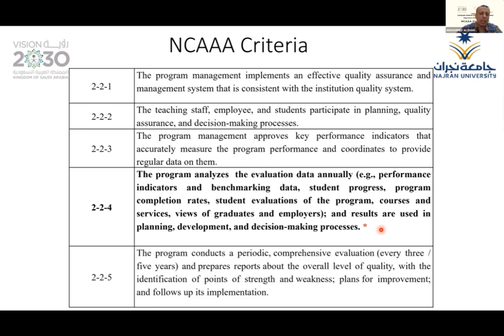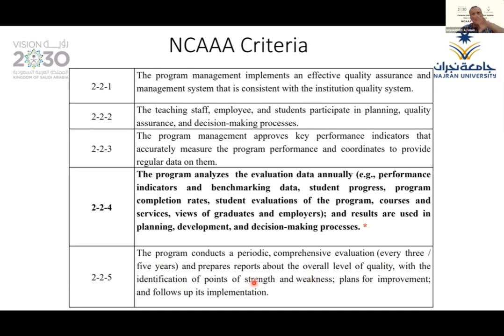Last one: the program conducts a periodic comprehensive evaluation every 3 to 5 years. Alhamdulillah, we are at 4 years for PLO assessment and 5 years for the mission and goals, and we prepare reports about the overall quality. We have this report with identification of points of strength.